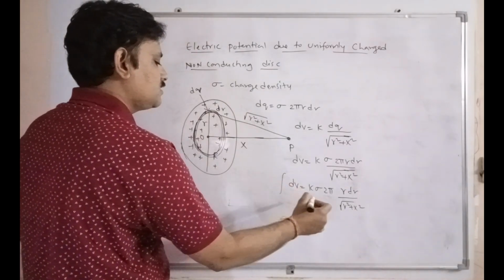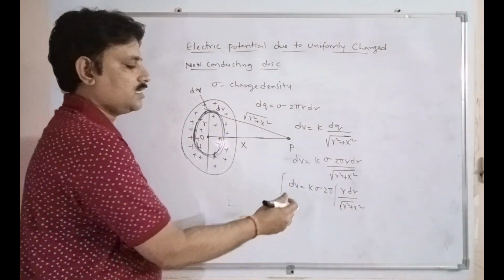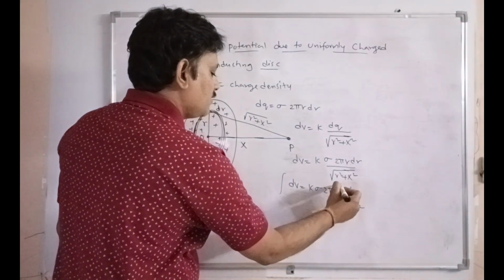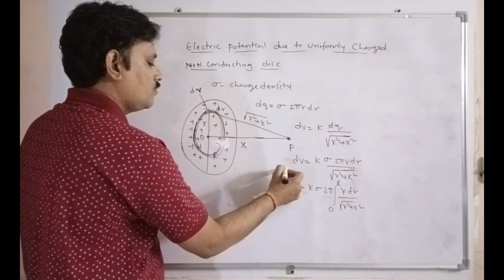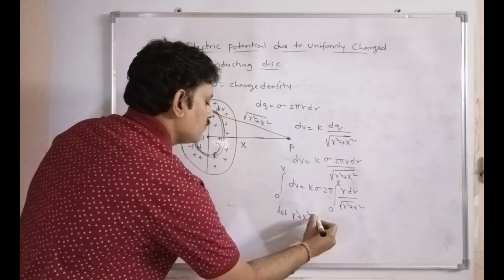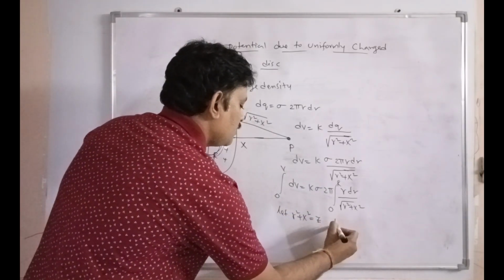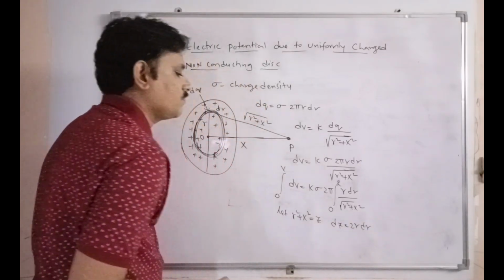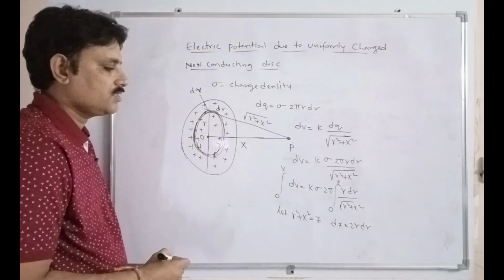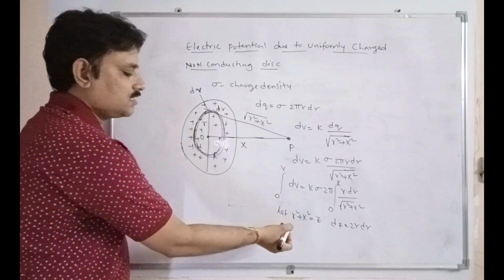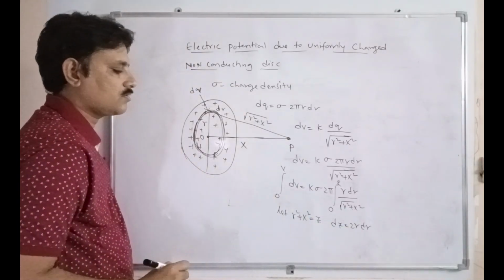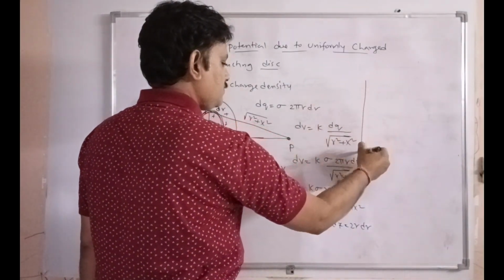By integrating on both sides, k, sigma and 2 pi are constants, so we write those constants outside the integration, with limits 0 to R. So let us suppose r square plus x square is equal to z, then dz is equal to 2r dr. To get an easier simplification, in place of r square plus x square, let us suppose z, and dz is the derivative of z, equal to 2r dr, since x is constant its derivative is 0. So 2r dr is dz.